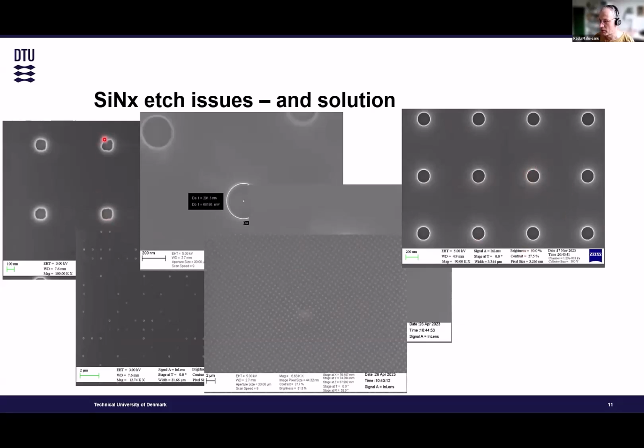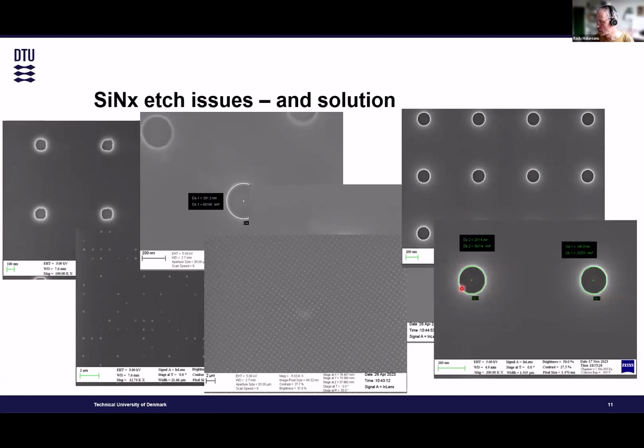If you compare where we started and where we ended, it's quite a big difference, I would say. And in terms of dimensions, we are aiming for 200 nanometers, and we have a plus minus, let's say, 3 nanometer range. We have better statistics than just these two numbers, but we are in that range.